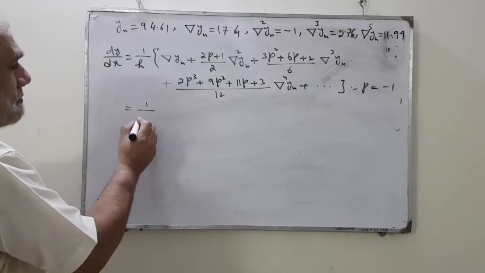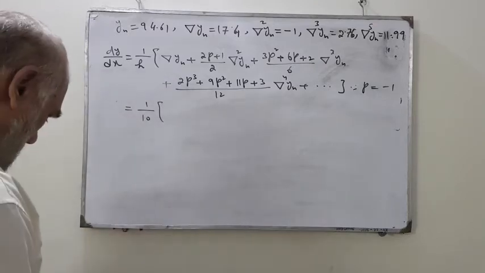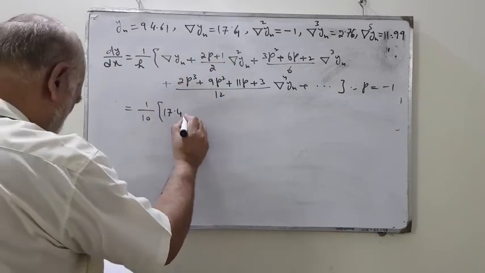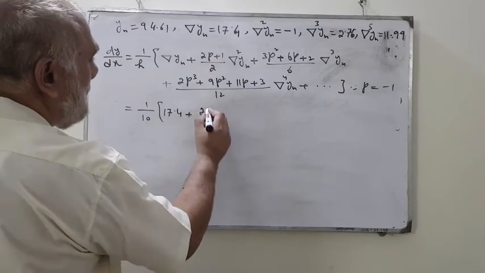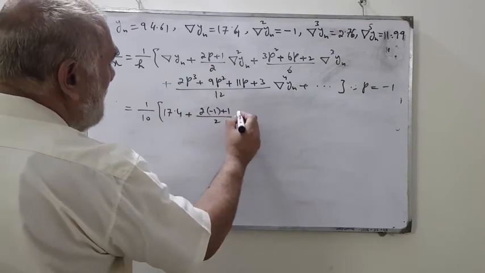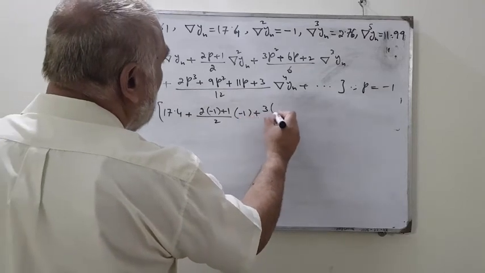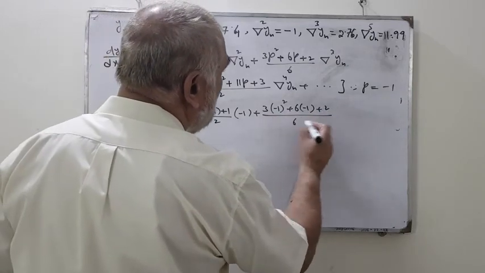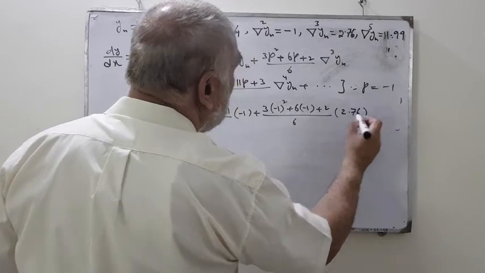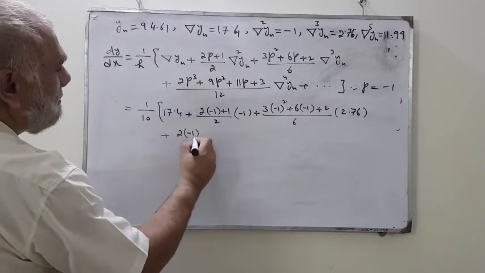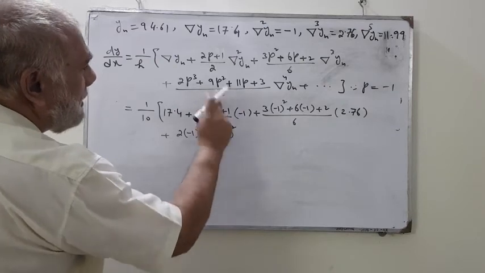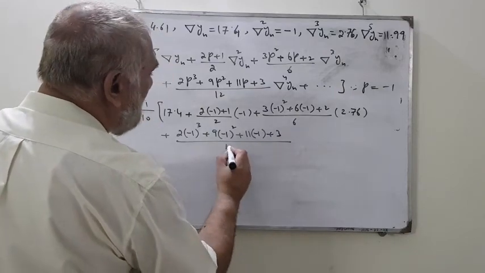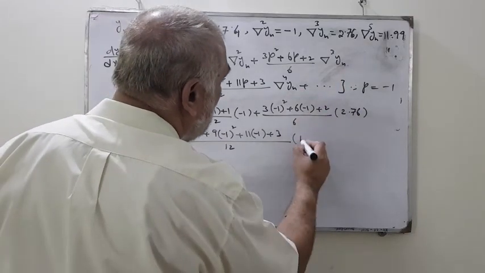We get 1 over 10 outside, and inside, ∇yn is 17.4 plus (2 into -1 plus 1) over 2 times -1, plus (3 into (-1)² plus 6 into -1 plus 2) divided by 6 times 2.76, plus (2 into (-1)³ plus 9 into (-1)² plus 11 into -1 plus 3) divided by 12 times ∇⁴, where ∇⁴ is 11.99.